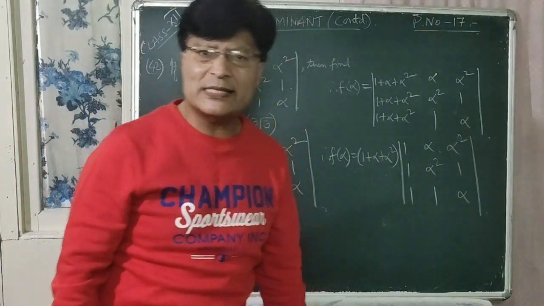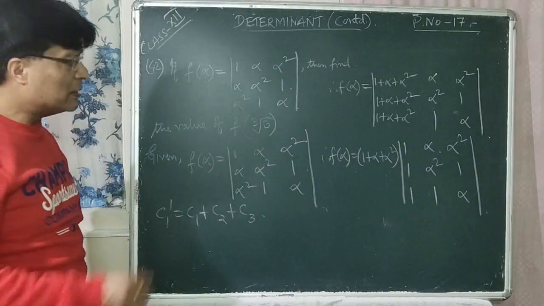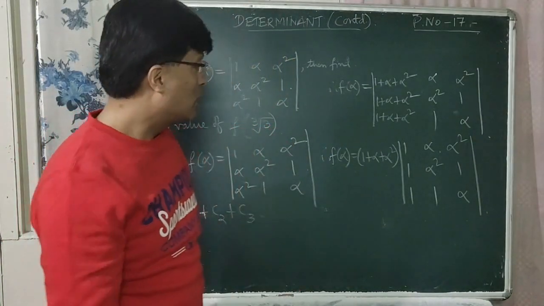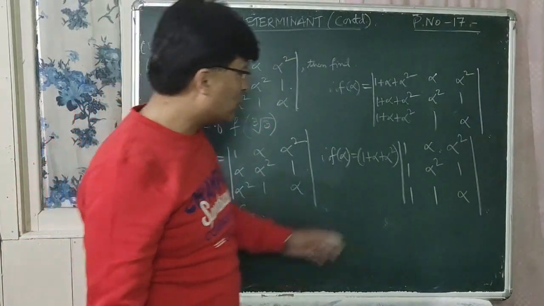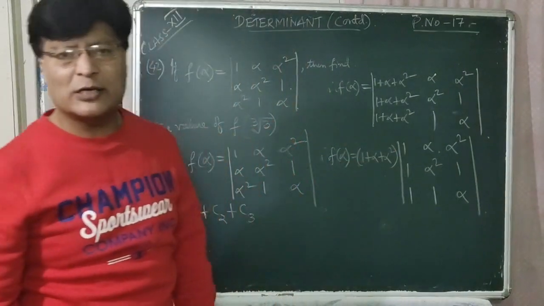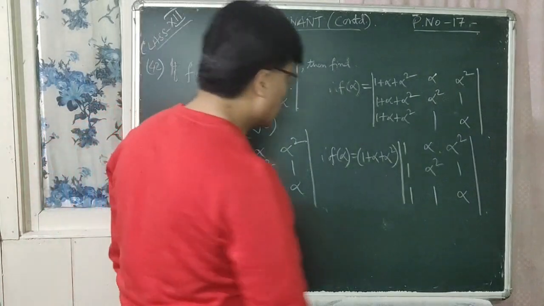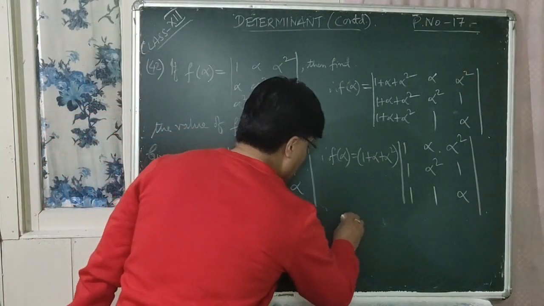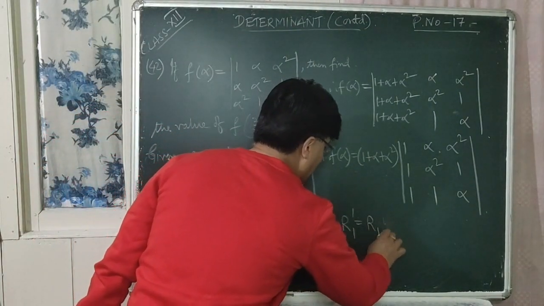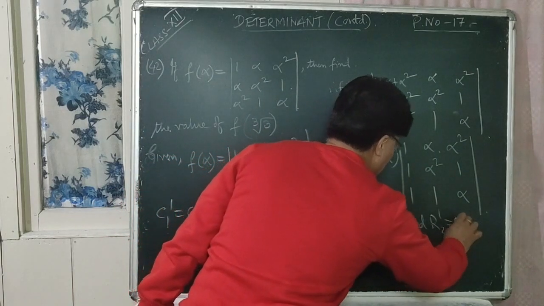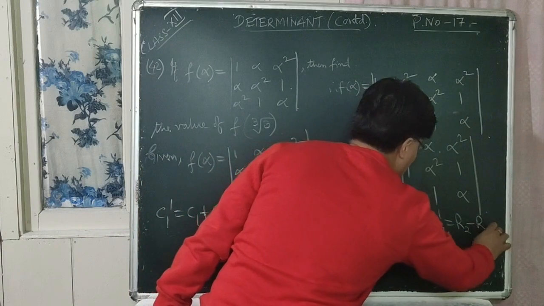Now what will you do in the next step? In the next step, you can make any two of these ones 0 because there are 3 ones in the first column, right? So how can you use the property here? R1 dash is equal to R1 minus R2 and R2 dash is equal to R2 minus R3.